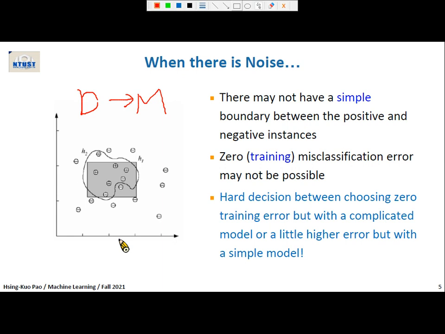The bias says that even though we don't know the truth, we assume it must be something. So bias is somehow equivalent to assumption. If there's a data point right here, is it positive or negative?